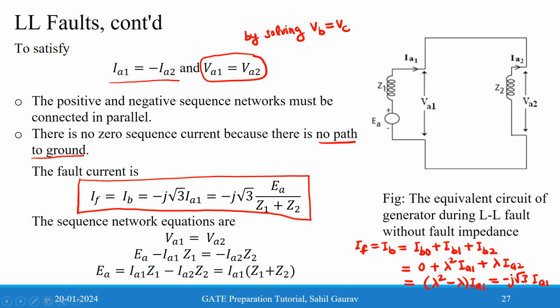We neglect this minus j because they don't care about the reference. You can solve by putting it also, but at the end you have to neglect it, because nobody cares whether it is minus j or plus j or some angle. Angle doesn't matter; they are asking about the magnitude only.